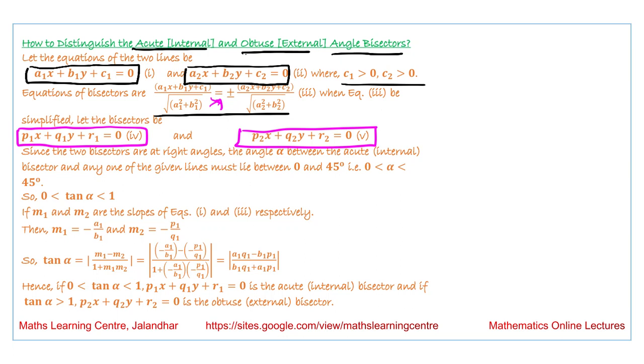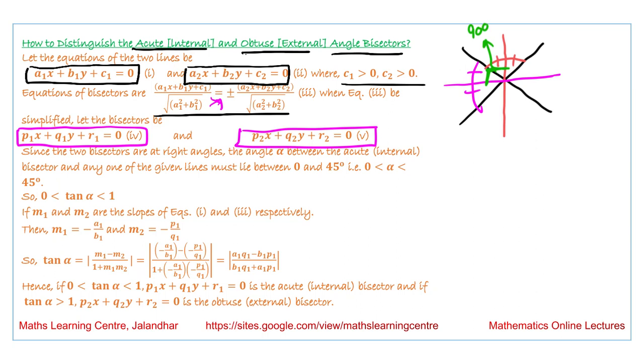Now if we consider this situation, these are the two lines, and these are the two angle bisectors. This is one angle bisector, and this is another angle bisector. We know that these angle bisectors will be at an angle of 90 degrees.